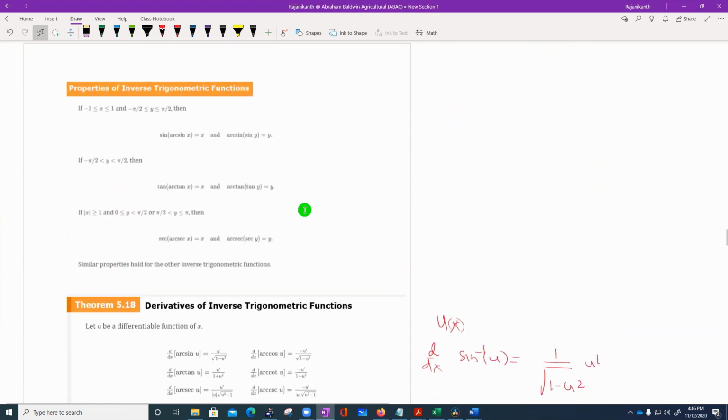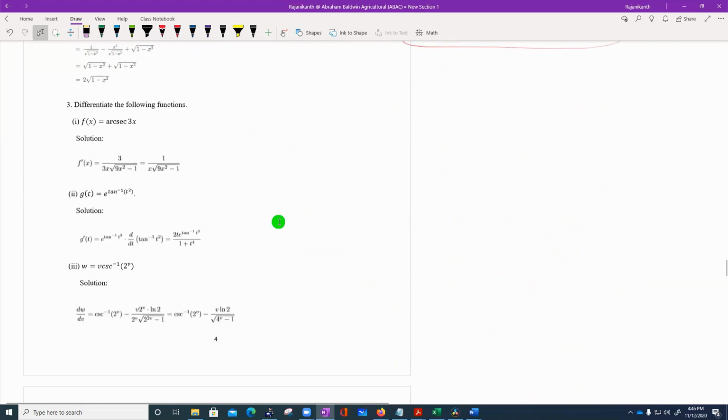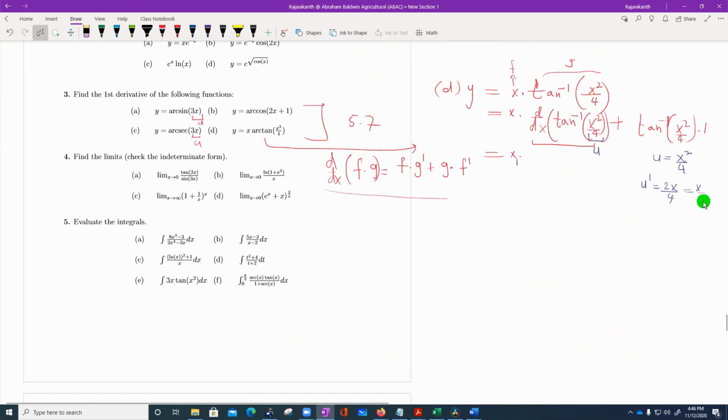The formula says u prime over 1 plus u squared. u prime is x over 2, over 1 plus u squared. u is x squared over 4, but for u squared, you have to square that. This is the answer you get for the derivative of arctan x squared over 4.